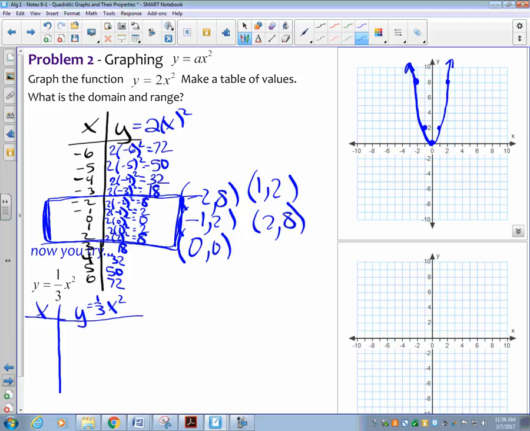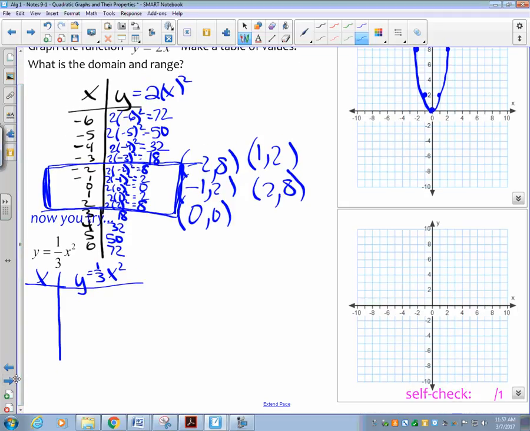Okay, you guys ready to work smarter, not harder? Okay, so we're going to work smarter, not harder. For this now you try problem, you have a 1/3. Multiplying by 1/3 is the same as dividing by 3. I want numbers that are divisible by 3.